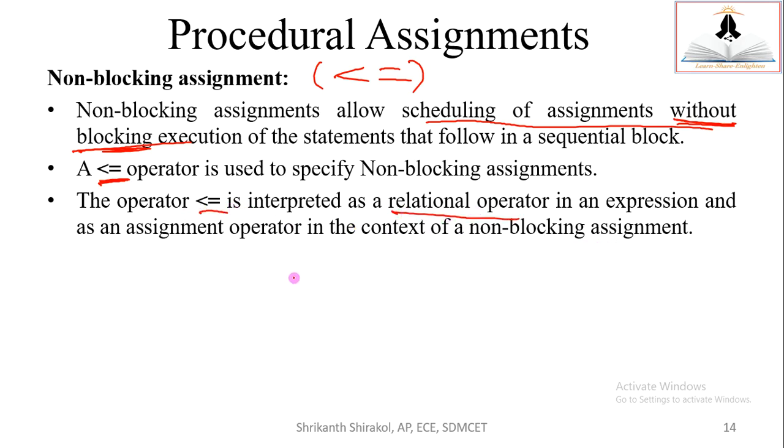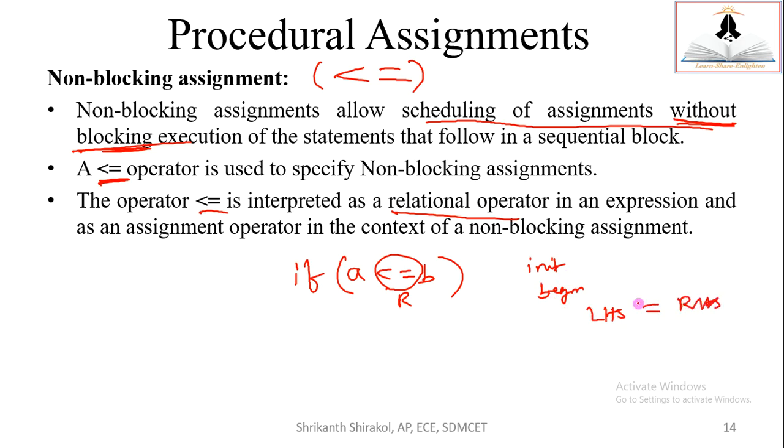If you use it inside an if statement, it will be treated as a relational operator. But in a statement inside initial begin or always begin, while assigning left hand side equal to right hand side, if you use this operator in this place, then it is a non-blocking statement. So understand the difference properly.